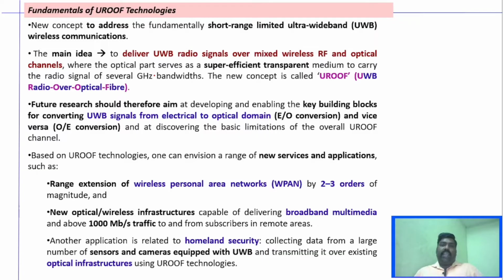And as I said, what we're going to do right now is extend the UWB transmission capability using ROF technology. To make it very clear, just understand this, we're going to combine UWB as well as ROF technology. Say for example, you have a UWB transmitter, and then you have a UWB receiver.